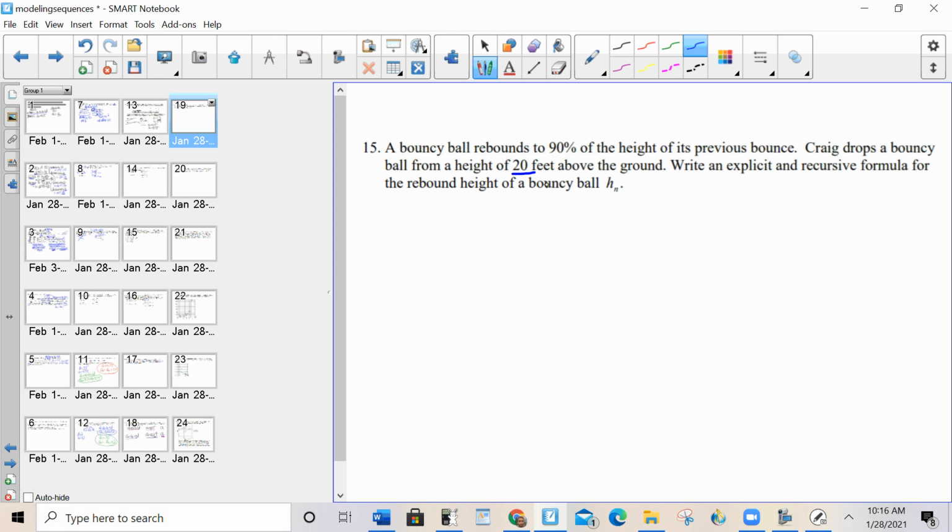Is it 1 bounce or is it 0 bounces? It's 0 bounces. So A0 or H0 is 20, not H1. It doesn't say after 1 bounce it's 20. The initial height after 0 bounces is 20. It rebounds to 90%. It doesn't say increases by 90%. It doesn't say decreases by 90%. So R is 0.9.